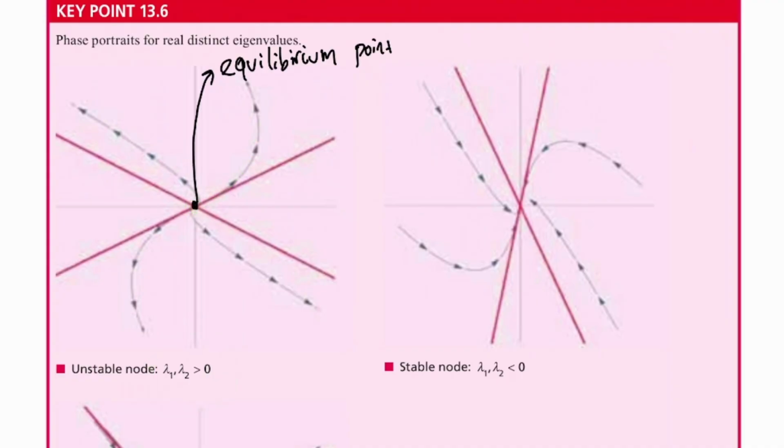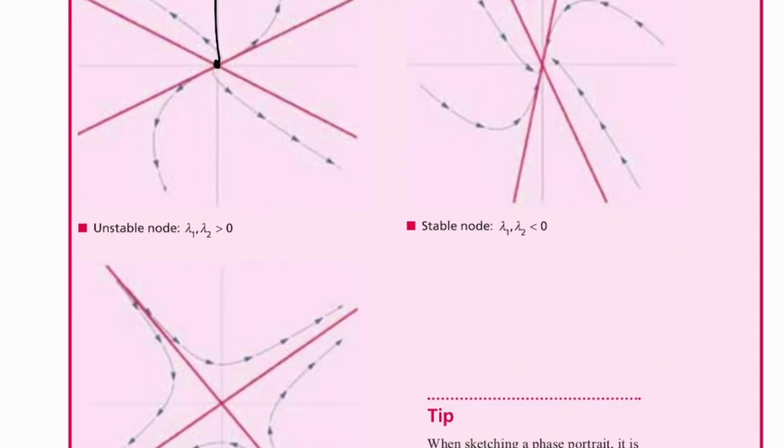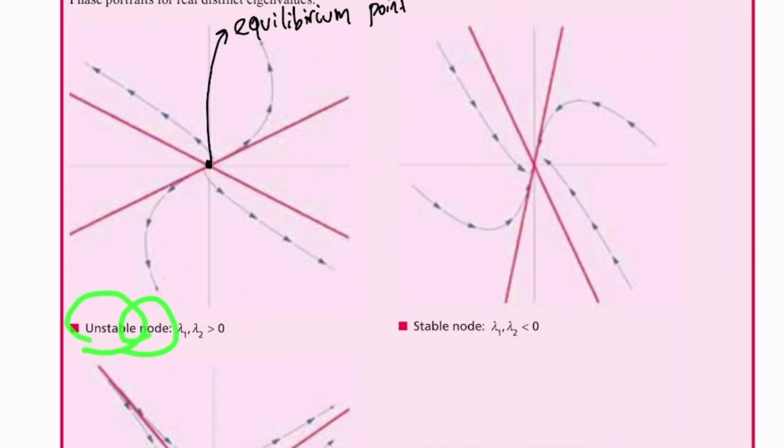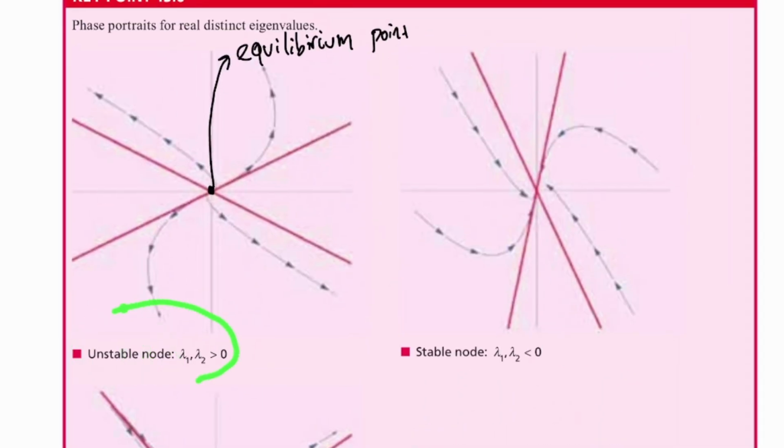If both of them are smaller than 0, what is happening? They are coming towards the origin. This is how you need to sketch it, and this is called a stable node, because they are coming to the origin.